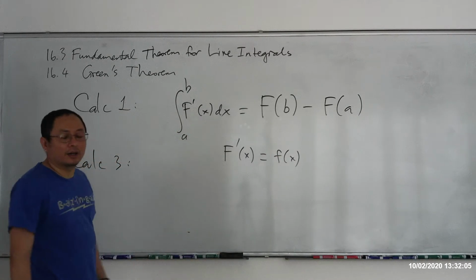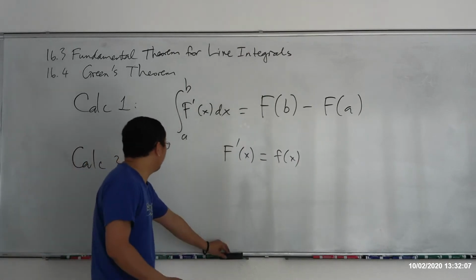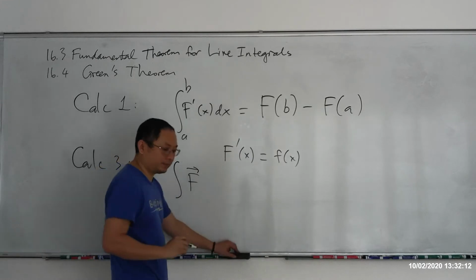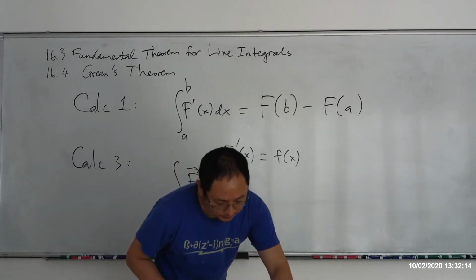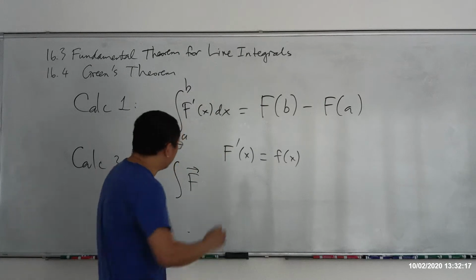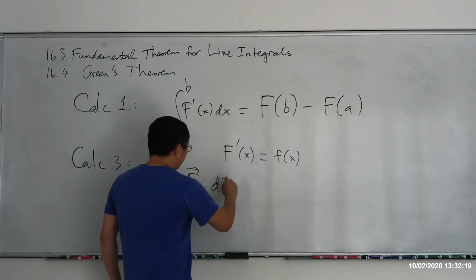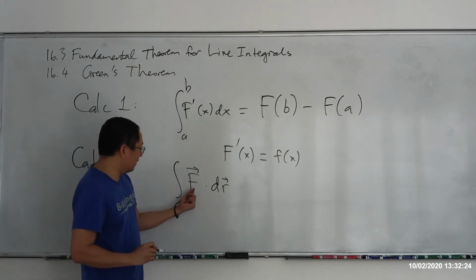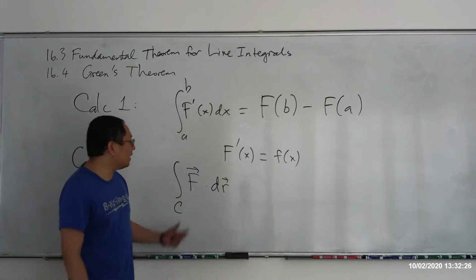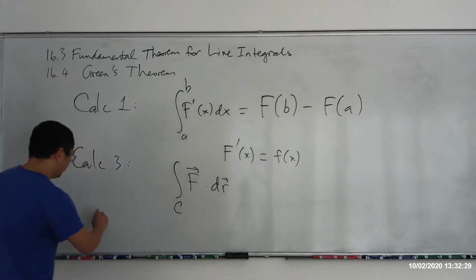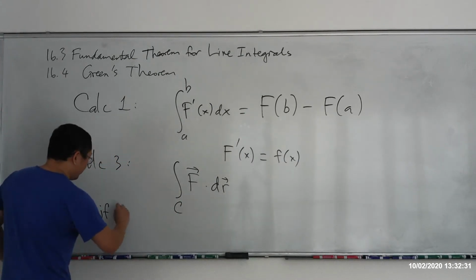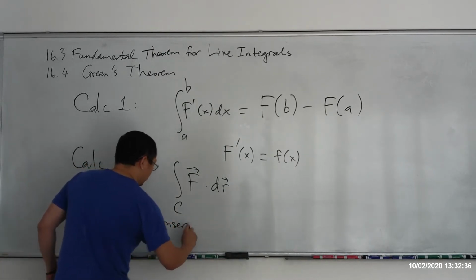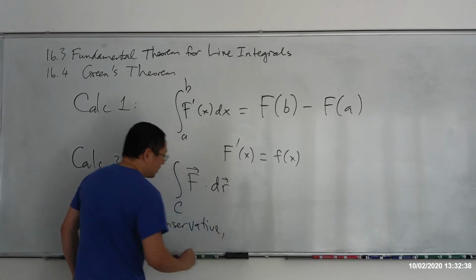Recall we talked about conservative fields, right? So if you have the line integral of the vector field F, let's use the same notation as the book does, and if F is conservative, what do we mean by conservative?